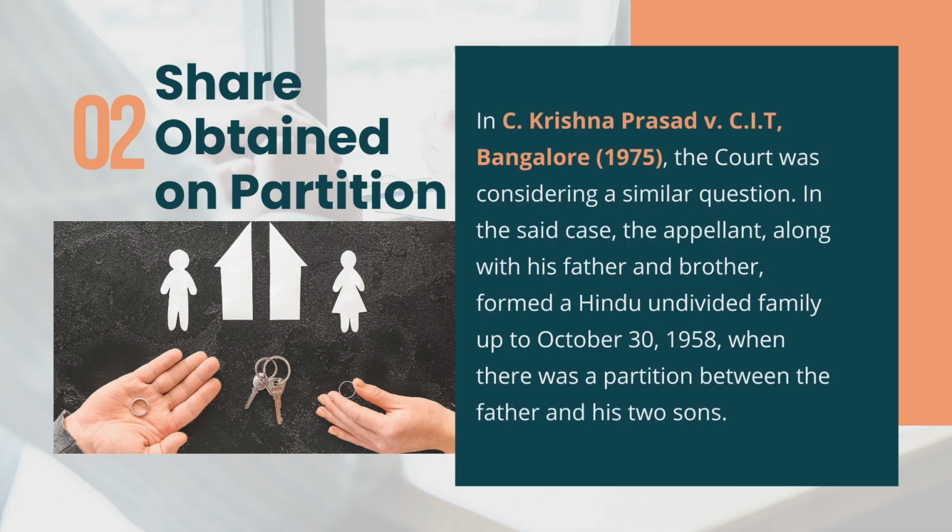In C. Krishna Prasad versus CIT Bangalore, 1975, the court was considering a similar question. In the said case, the appellant, along with his father and brother, formed a Hindu undivided family up to October 30, 1958, when there was a partition between the father and his two sons.